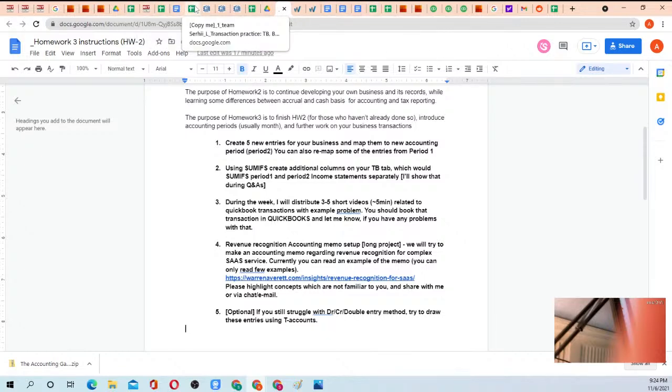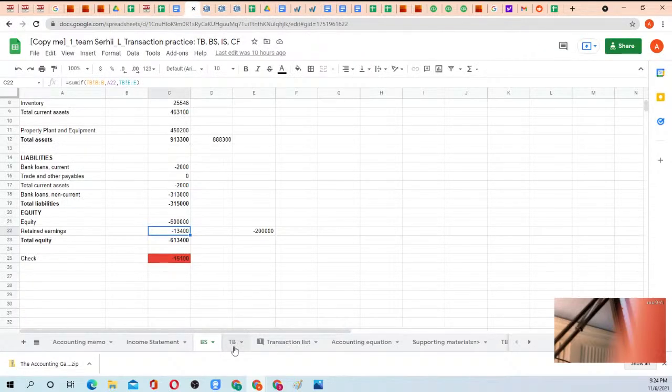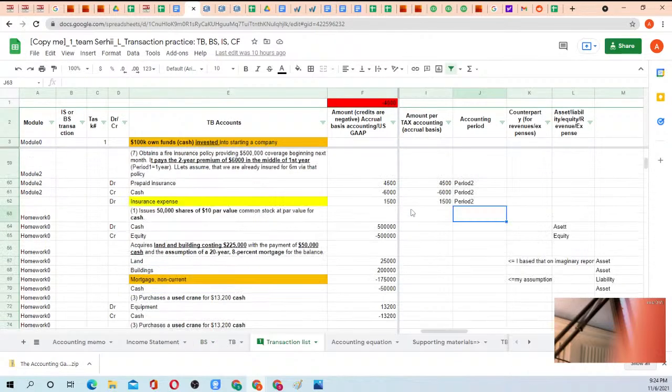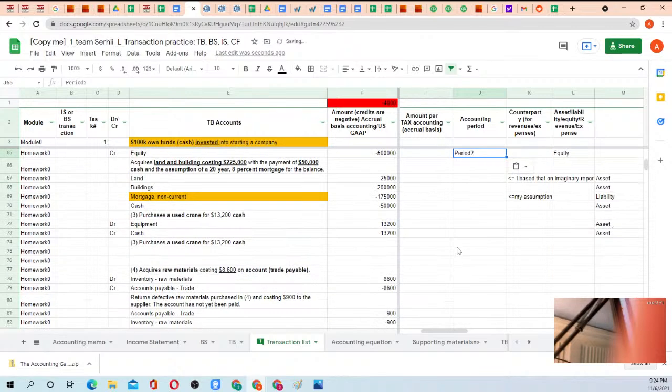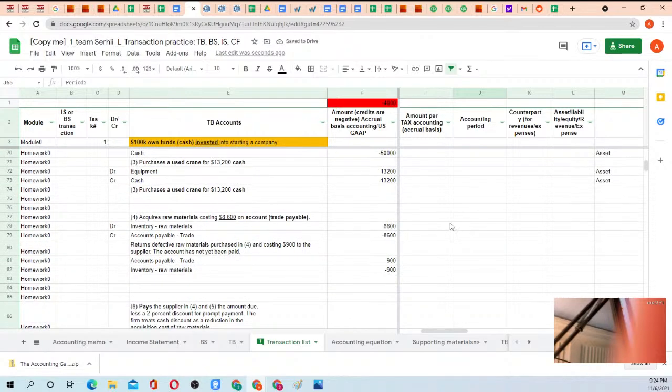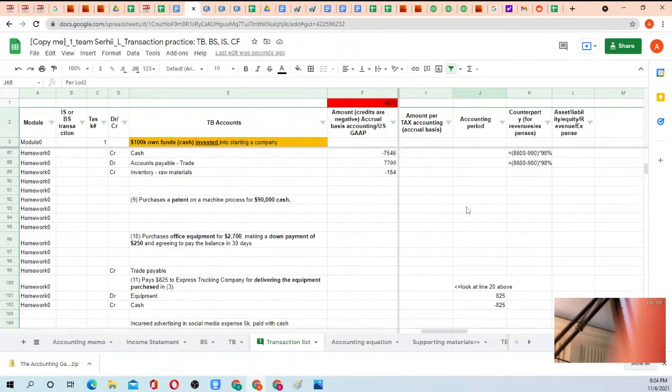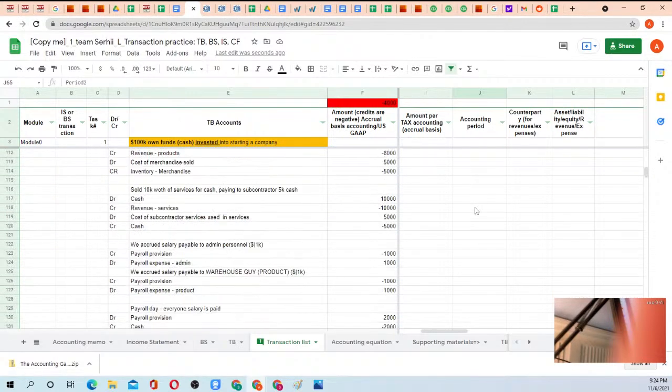Where is my homework file? I have a pretty complicated transaction list already. Let's say that I did this in period 2, so that's kind of a repetition. And let me do more revenue in period 2.